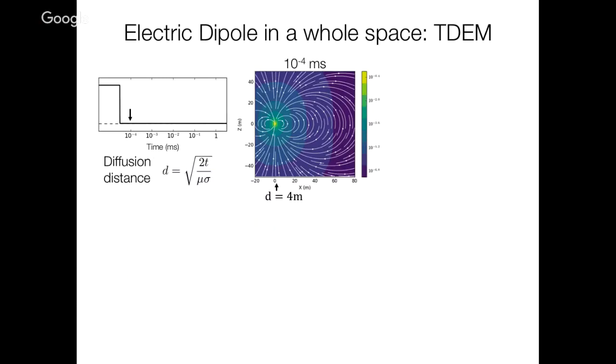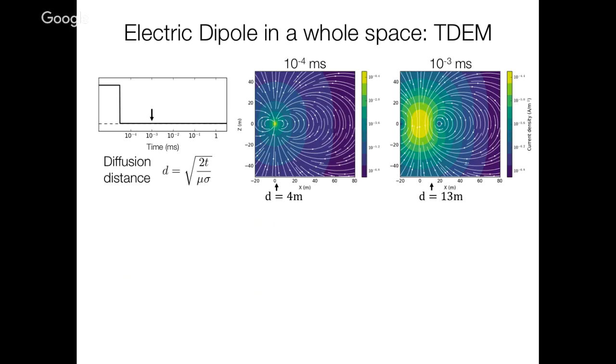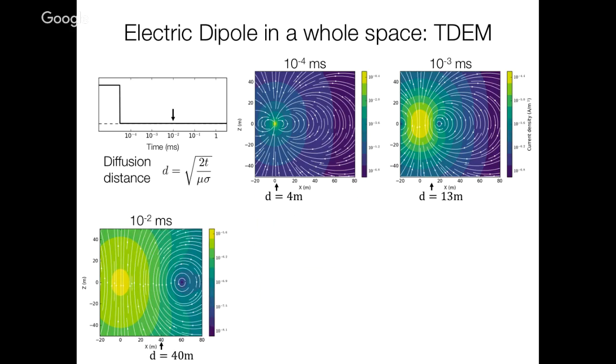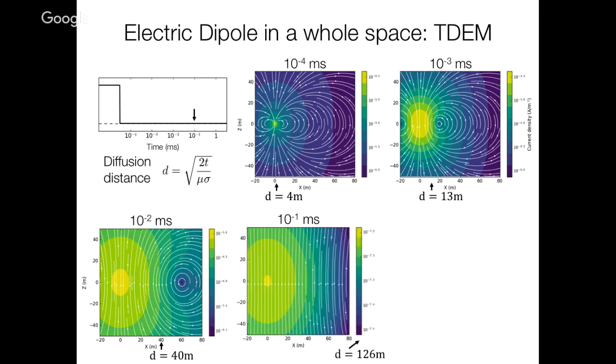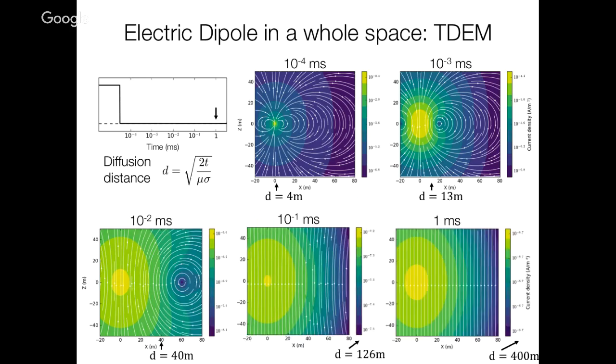So again, there's an app to generate this. Let's suppose I look at 10 to the minus 4 milliseconds. That's pretty early. That's a tenth of a microsecond. And my currents look like this. My diffusion time is 4 meters. So you can see the currents right there. At 10 to the minus 3, they look like this. The later, it's like that, later, later.